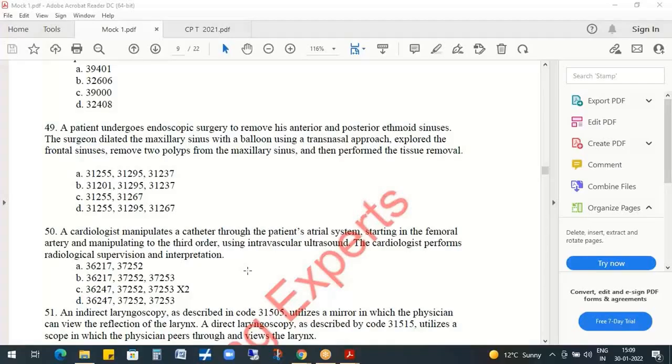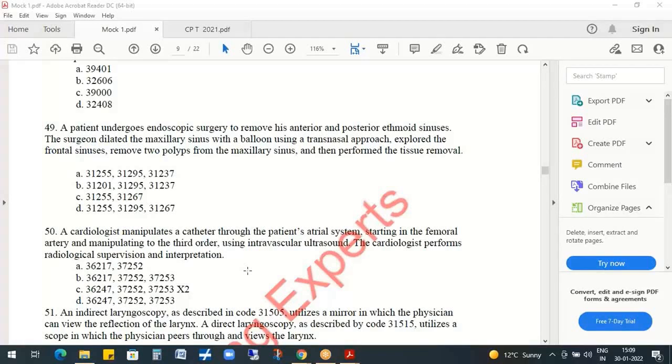What is the code description of 37253? See, first of all, everyone, are you able to rule out A and B? 50th question, A and B, are you able to rule out? Yes or no? Yes, sir. Ruled out.